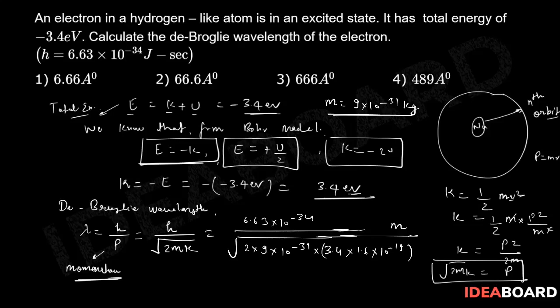Now solve it further. Lambda is equal to 6.63 into 10 to the power minus 34 divided by 3 under root of 34 into 2, 6.8 into 10 to the power minus 31 and 10 to the power minus 19.